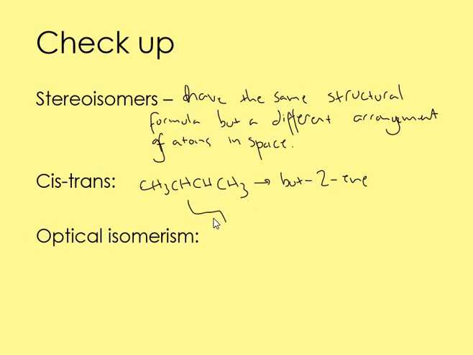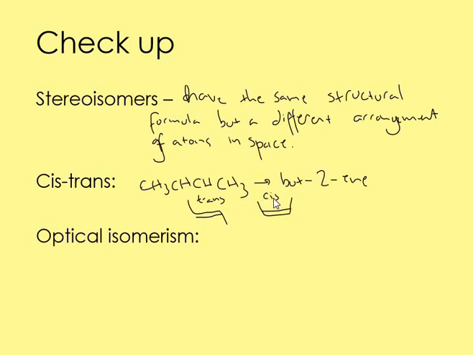We could have here a trans isomer, where the alkyl chains are on opposite sides. We could have the cis isomer, where the alkyl chains are on the same side. So this is where we see cis-trans isomerism in organic compounds.